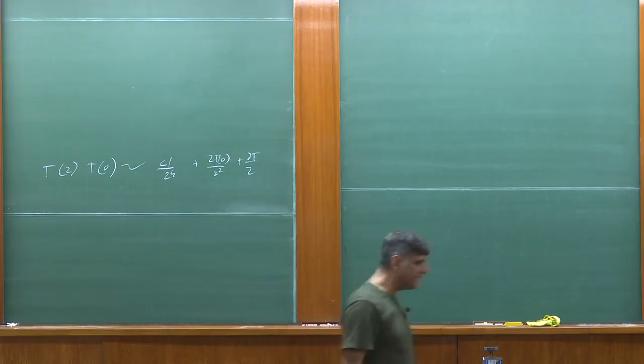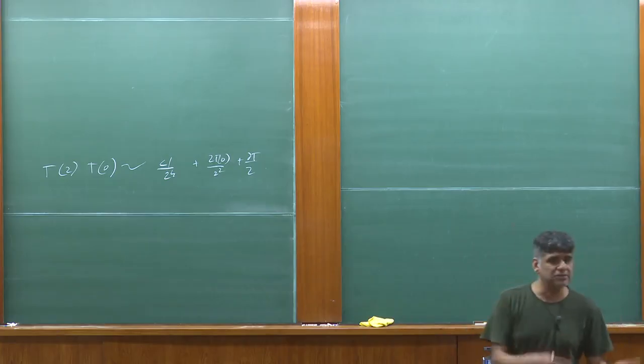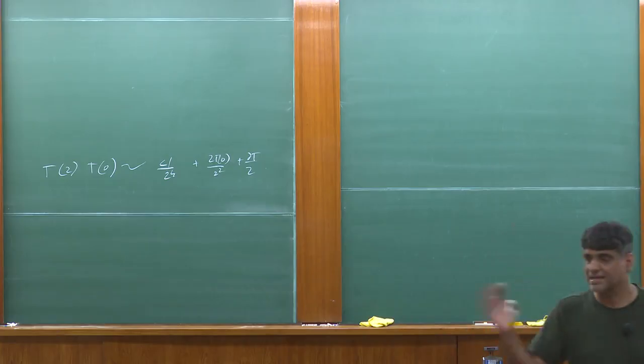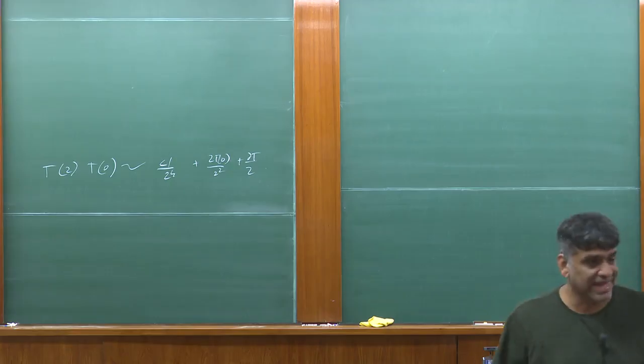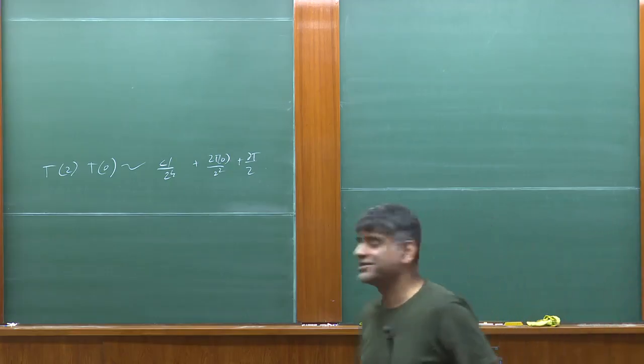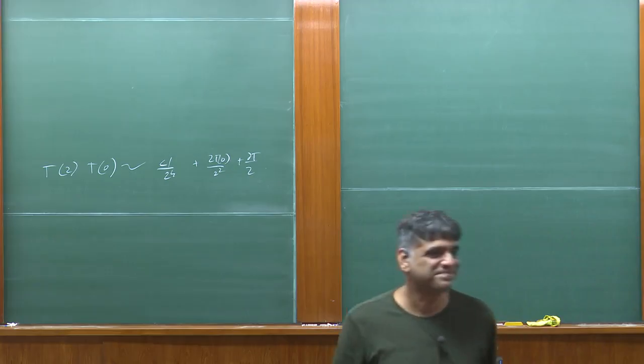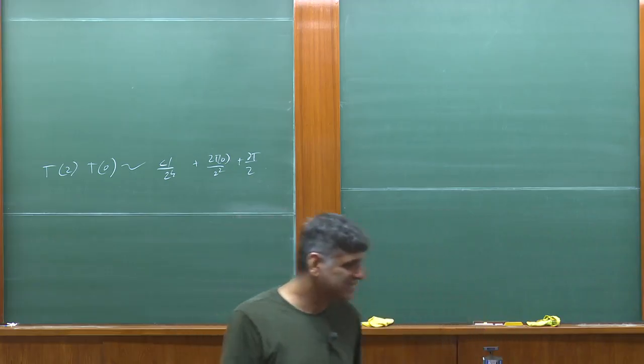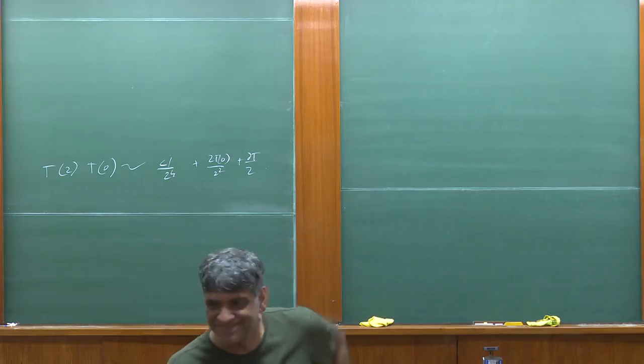All that we really needed to make this argument was to know how T transformed under global SL(2,R) transformations. That fixed the last two terms in the algebra. The last term was just how it transformed under translations, and the second term was under the scalings.